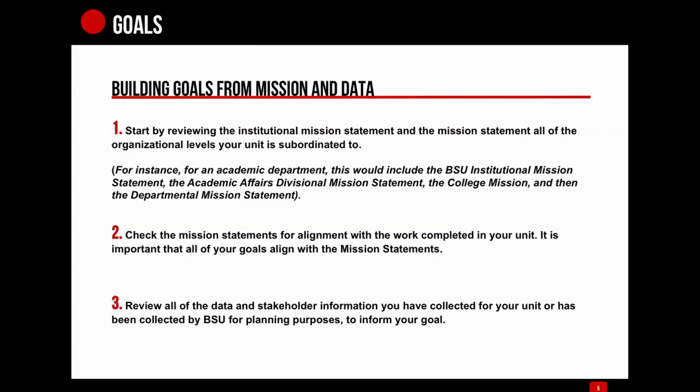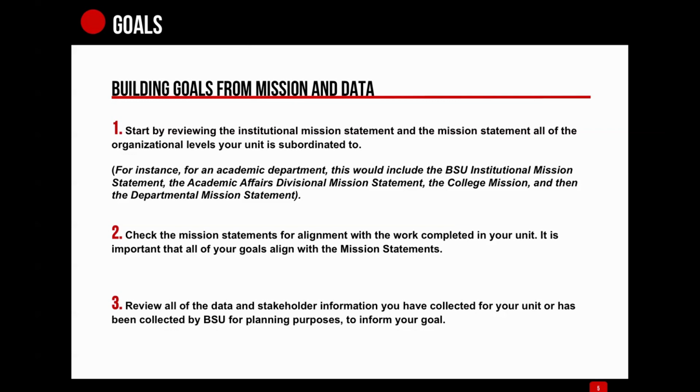What we want to do is set measurable targets, and so that means that at Bridgewater State University, we're looking at two different things. We're looking at sometimes a very ambitious goal, which might be within our 10-year vision cycle. For instance, on a graduation rate, we might say we want to graduate students at 5% higher than we do currently. But that might be too ambitious of a goal. We might have a more moderate goal that's more achievable.